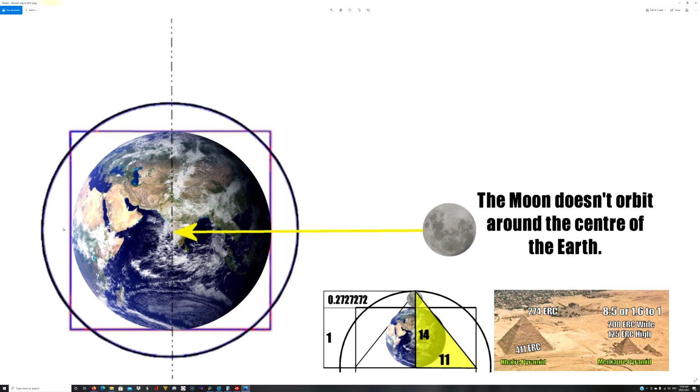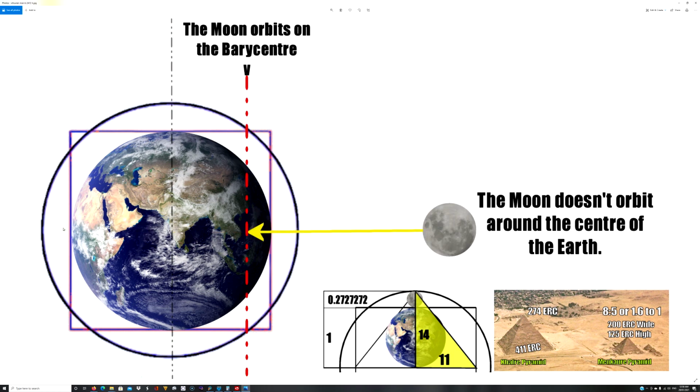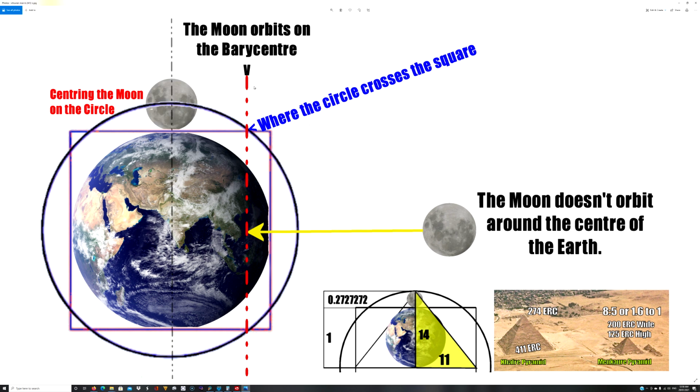Okay, now the Moon doesn't orbit the Earth, as I pointed out. The Moon's around the barycenter. That's when you do that square and circle diagram based on the Great Pyramid. It's also interesting that that marks the point where the barycenter is 27.3% below the Earth's surface. The Moon is 27.3% the size of the Earth.